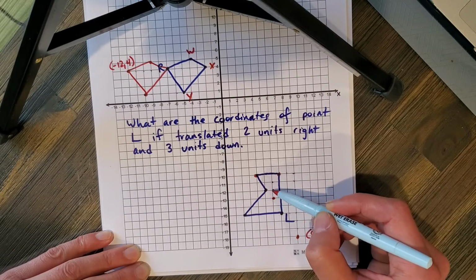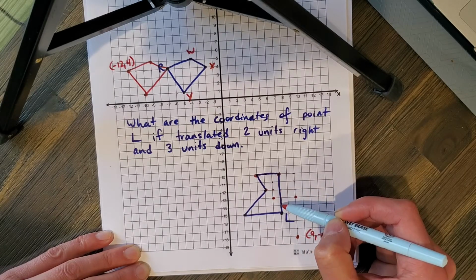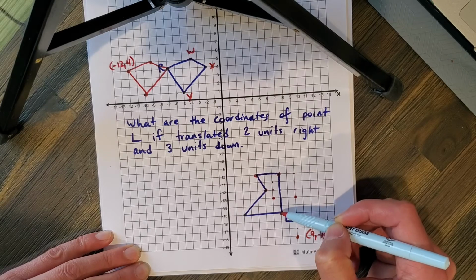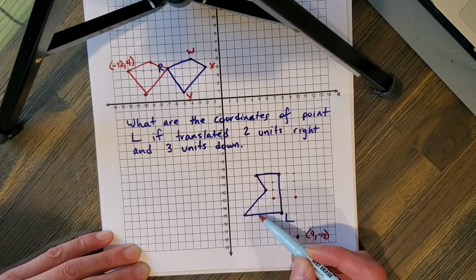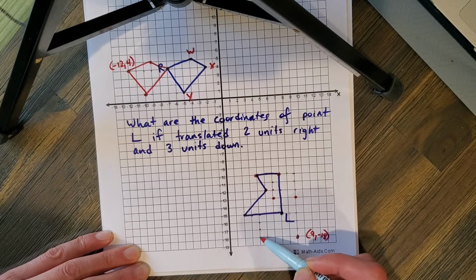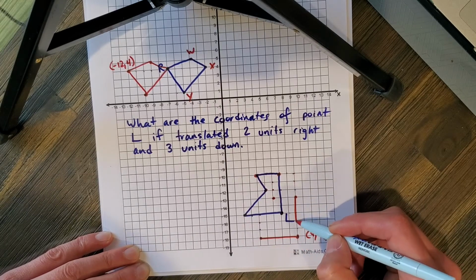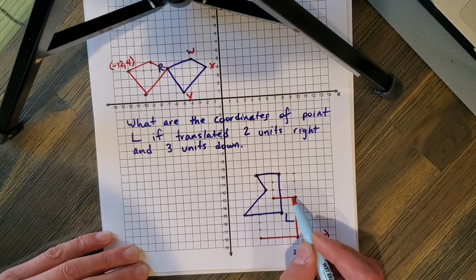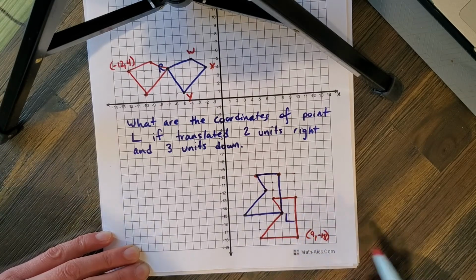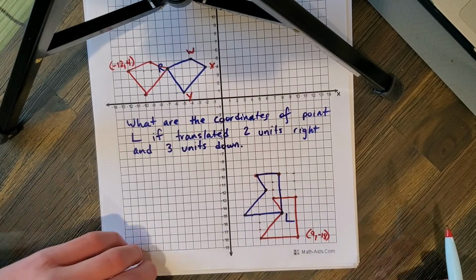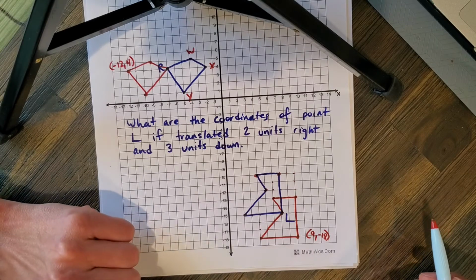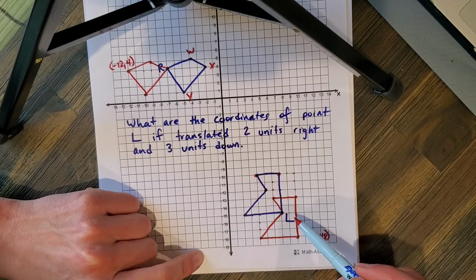Same thing with this one, 1, 2, 1, 2, 3 would be right on top of that one, and then finally this one, 1, 2, 1, 2, 3. Okay, so if I were to connect these points here to recreate the picture, it would look like that. Notice how it's the same picture, just at a new location.